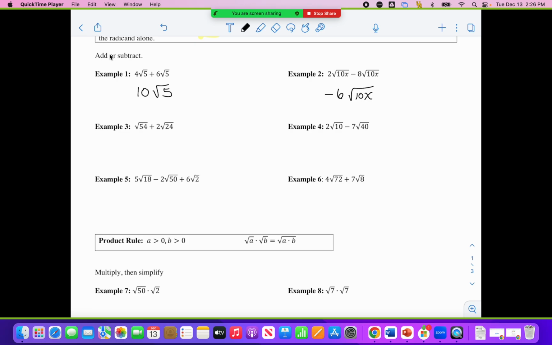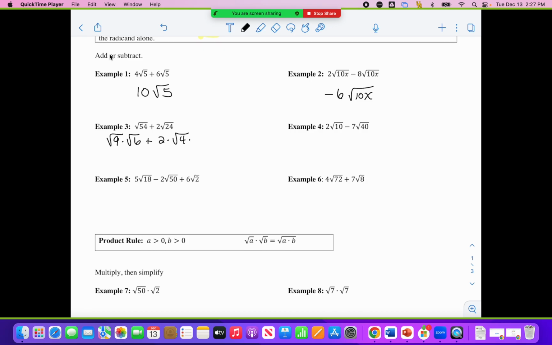Example 3, do I have like radicals? No, I do not. So what we're going to do is simplify each one. What I had in the Ed Puzzle for you was, you want to take out the largest perfect square factor. So this is going to be the square root of 9 times the square root of 6.